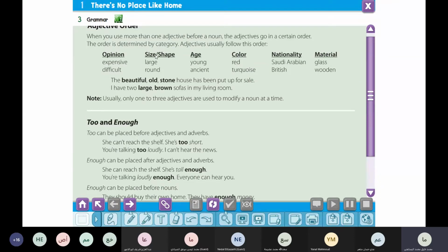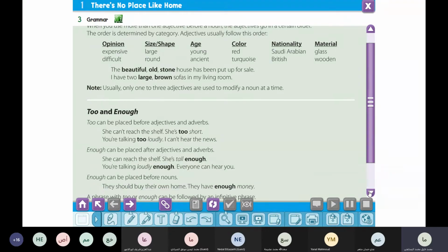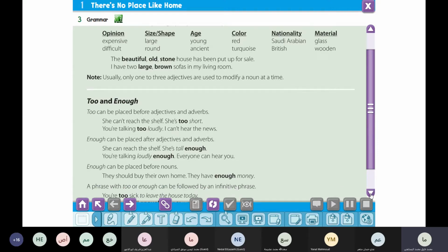The order must follow this category: opinion, size, age, color, etc. Then we talked about too and enough. Too comes before the adjectives and adverbs. Enough has two places. The first comes after adjectives and adverbs, and the second comes before the nouns.